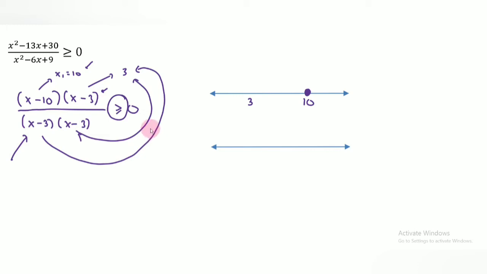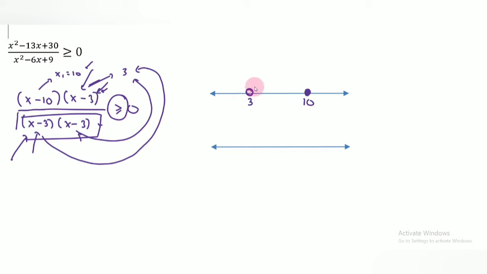Therefore, although 3 comes from both numerator and denominator, you cannot use 3 as your solution. In a simpler way of thinking, whenever a zero comes from a factor of the denominator, it doesn't matter if it also comes from the numerator, you will have an open circle. Whenever we have zeros from the denominator, open circle always.